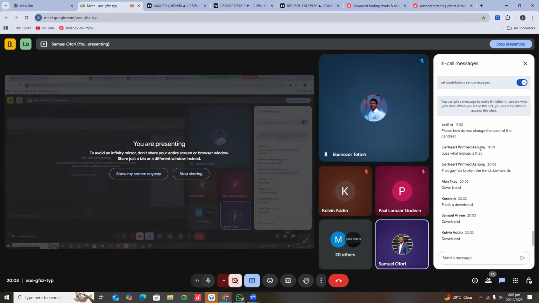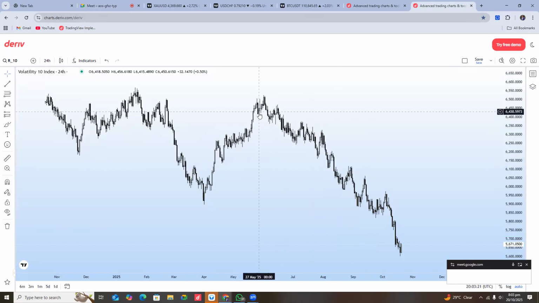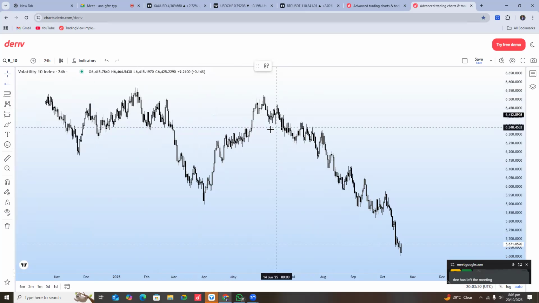So I think that we all agree that it is a downtrend in markets. So yes, it is a downtrend, and then obviously the market has formed a series of lower lows that we can easily mark.